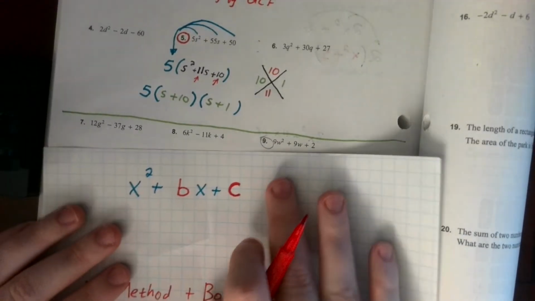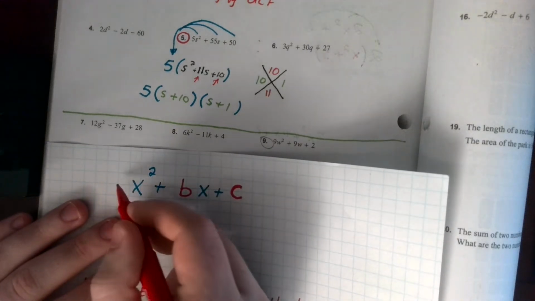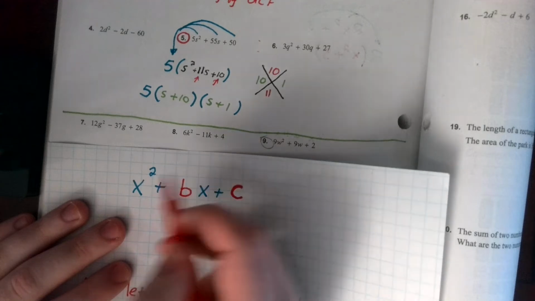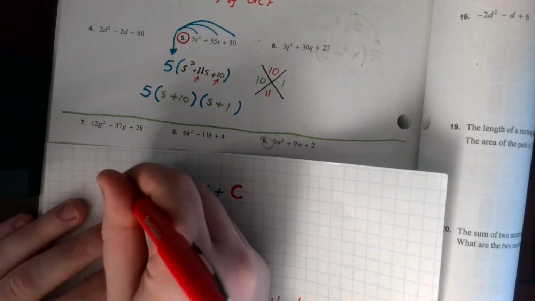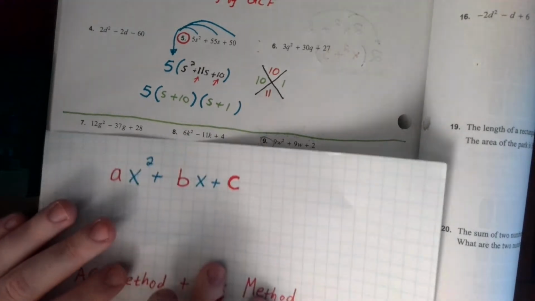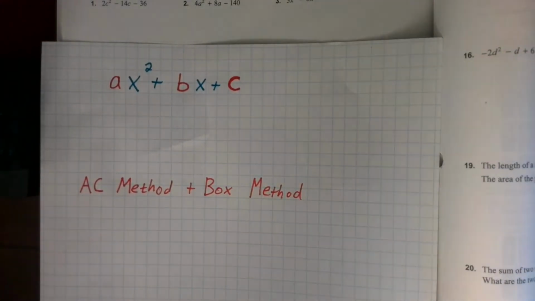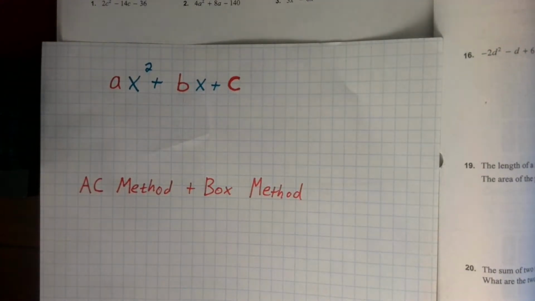The difference is, oops, these problems down here have another number in front of our squared term, like 12, or 6, or 9. We're going to call this number our a value. So, a polynomial can be written in the form ax squared plus bx plus c.